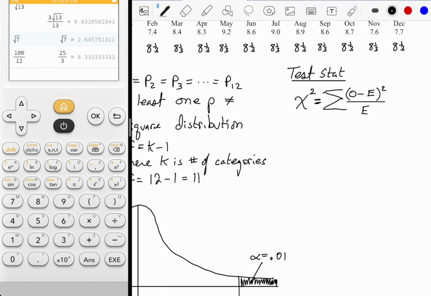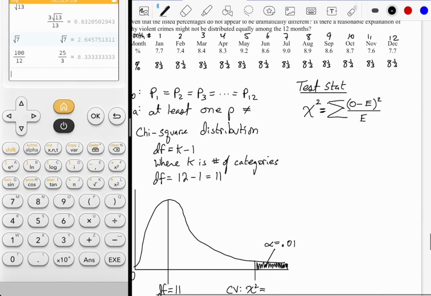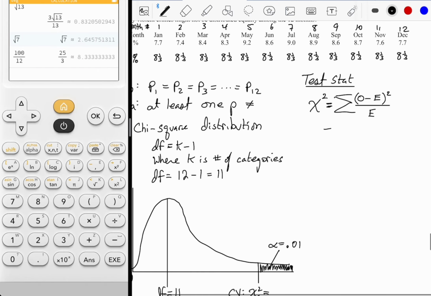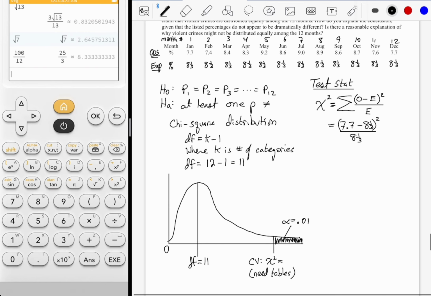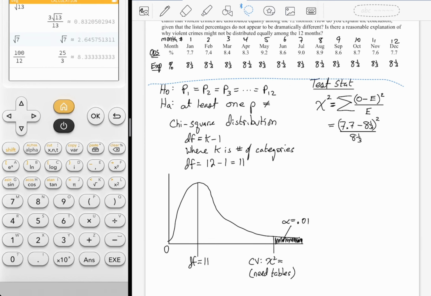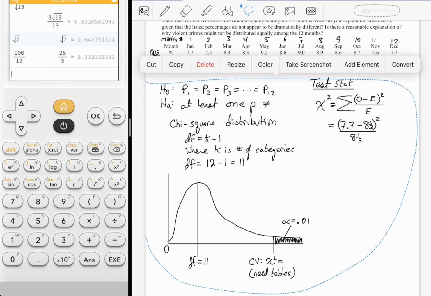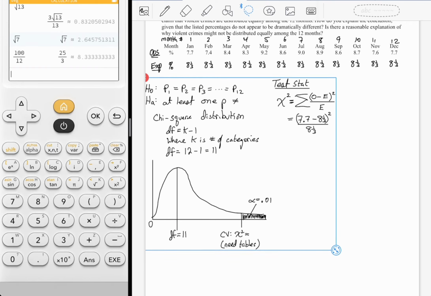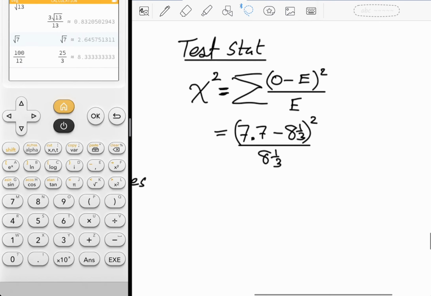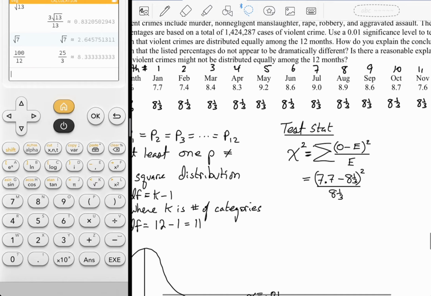All right, so I'm going to do 7.7 minus 8 1/3 squared over 8 1/3. And I'm going to do basically the first two and the last one. And we're going to go dot, dot, dot. All right, so the next one is 7.4.